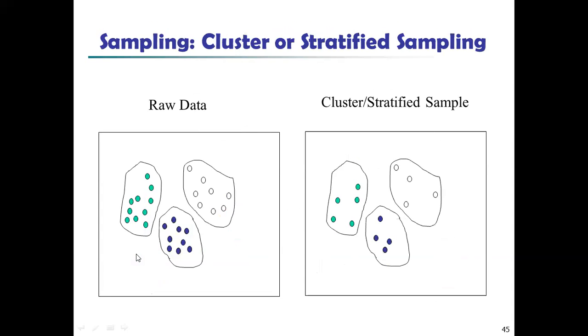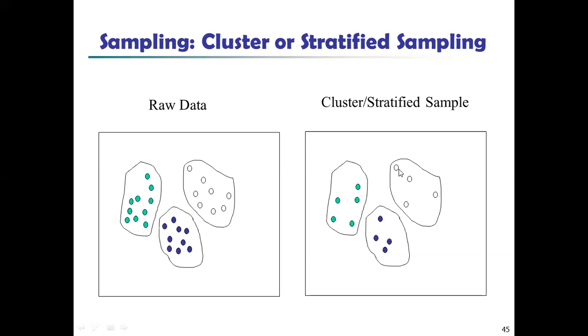So whenever you have to discuss sampling with clusters, that is the stratified sampling cluster method. So this is the original raw data. In the original raw data, you have huge data points, but whenever you have to represent the cluster stratified sample, you only have to consider nearby points as one point.